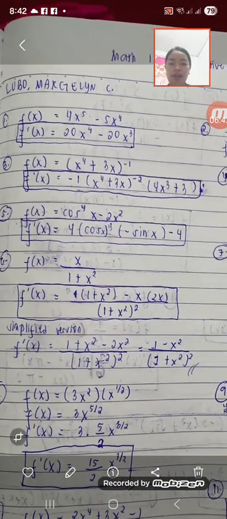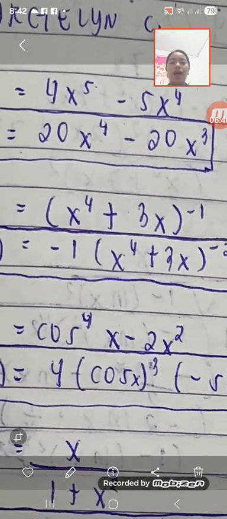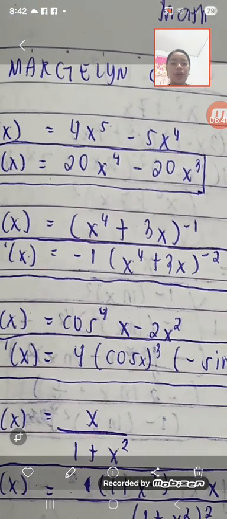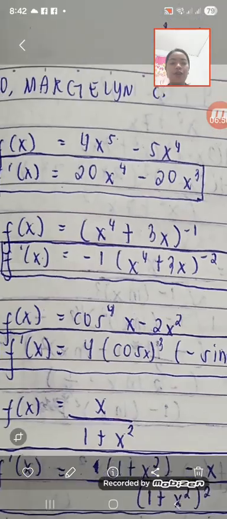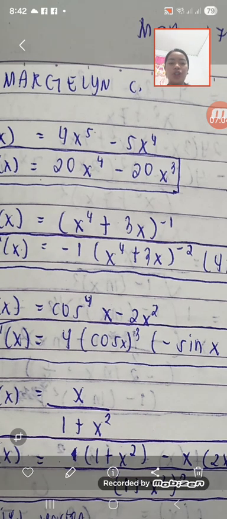Number 3, we have here f of x is equal to (x^4 plus 3x) to the power of negative 1. Again, according to the chain rule, we just need to first differentiate the outer function. That's why to differentiate, we just need to bring down the negative 1 and copy the inside function, and negative 1 minus 1 is negative 2.